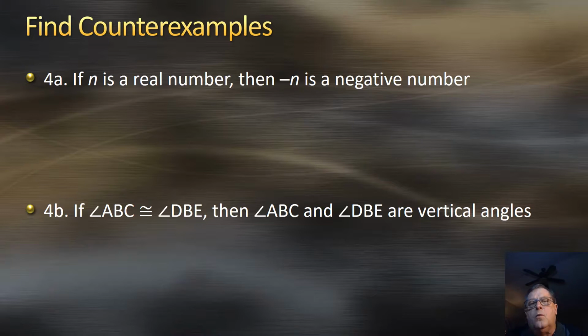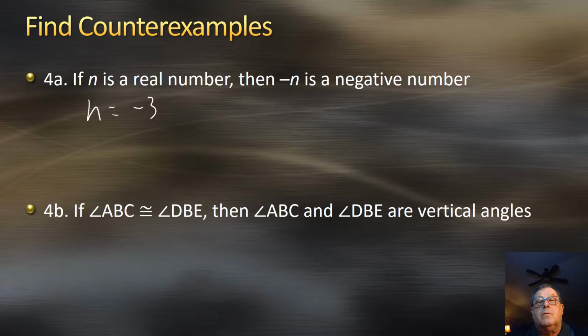But what are real numbers? Well, real numbers can be both positive numbers and negative numbers. Integers, as an example, is a classification of real numbers, positive and negative numbers. So let's say, well, what if n equals negative 3?